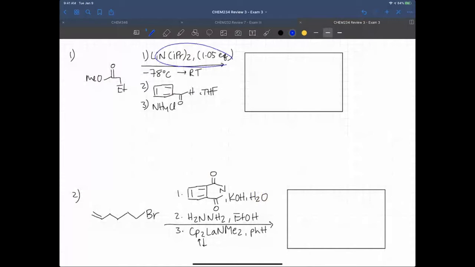Who is this basic girl here? What does she do? She's a strong base, right? If it's a strong base, I will form, yes, the kinetic enolate. Exactly, so I will get this.